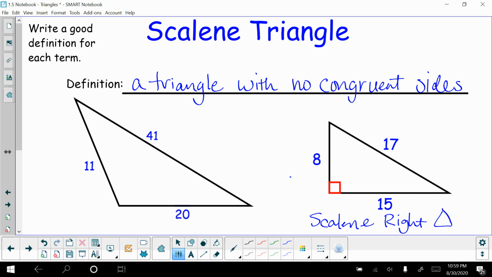Over here on the left, this one's a pretty obvious obtuse angle. So this one can be identified as a scalene obtuse triangle. So now you can identify it and classify it by two names to be specific.